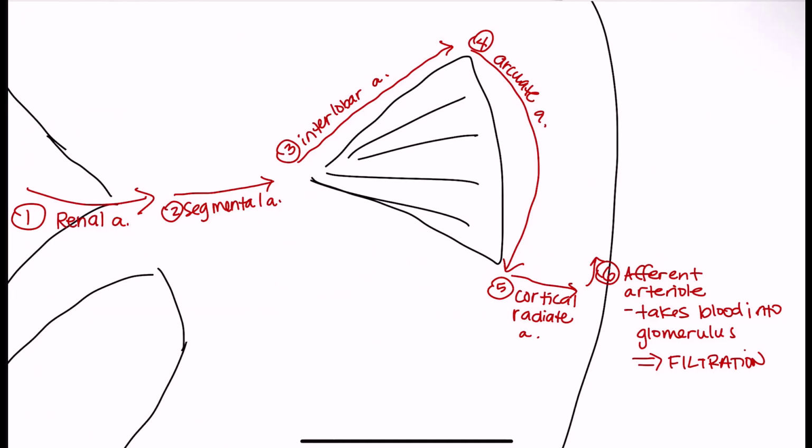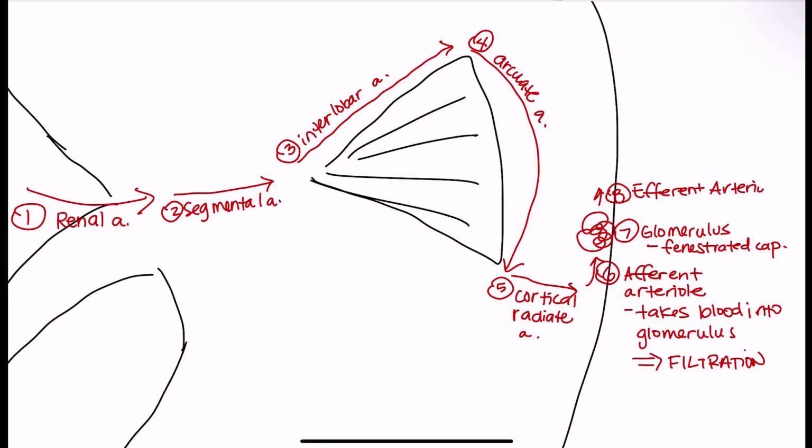So from 6 is 7, which is our glomerulus. And those are fenestrated capillaries. Fenestrated capillaries. And then we exit the glomerulus, and that blood vessel is number 8, which is called the efferent arteriole.